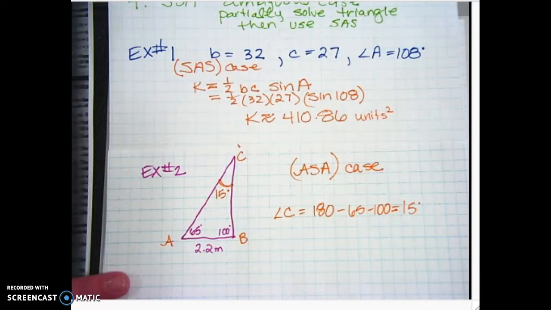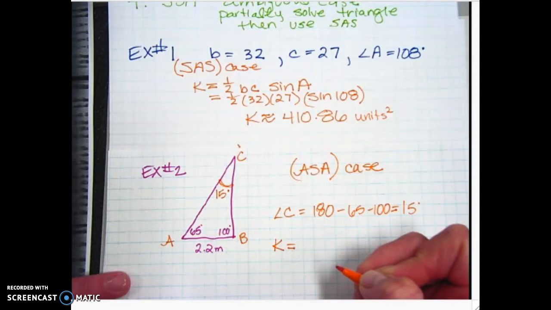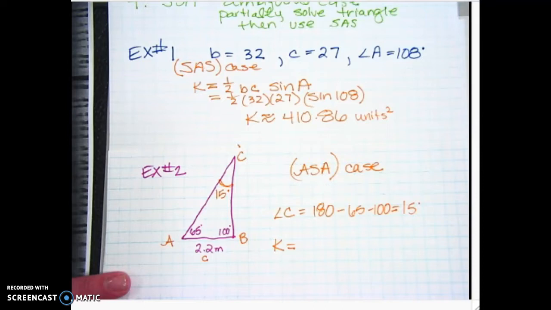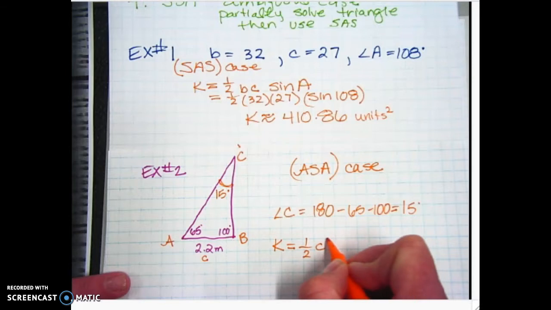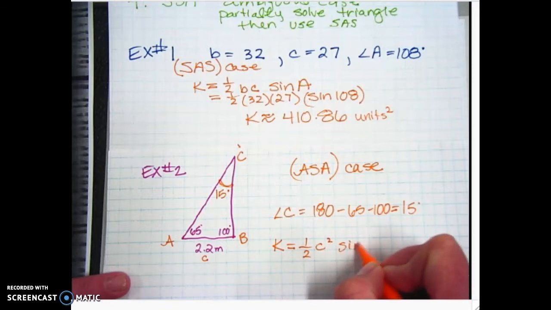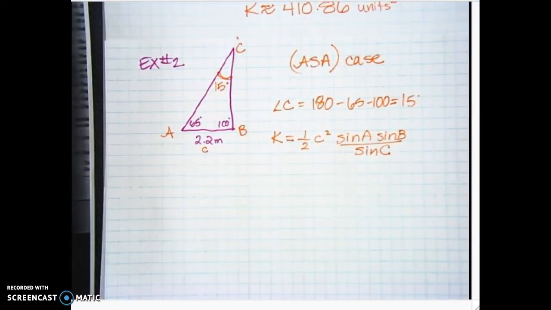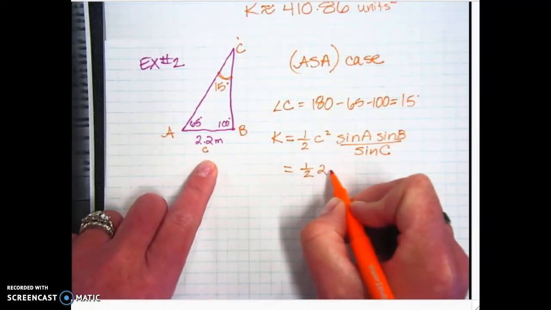Okay. So we're going to use the K formula. And because this is angle C, we'll make this little letter C. So we'll use the third one, the 1/2 C squared times the sine of A, sine of B, over the sine of C. Do you guys see why I picked that one? Okay. So let's plug in. 1/2 C squared. So we're going to square 2.2.